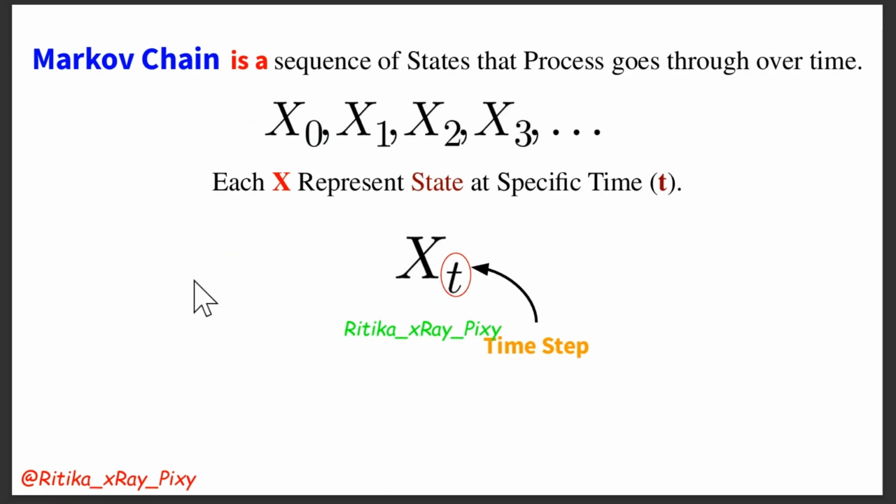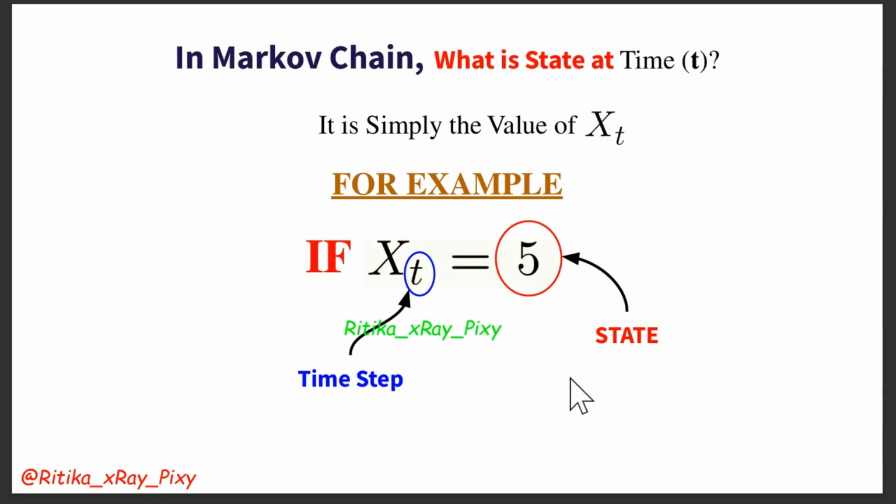A Markov chain is a sequence of states that a process goes through over time, such as x0, x1, x2, where xt represents the state at a specific time, and the state at any time t is simply the value of xt. For example, if xt is equal to 5, it means the process is in state 5 at time t.